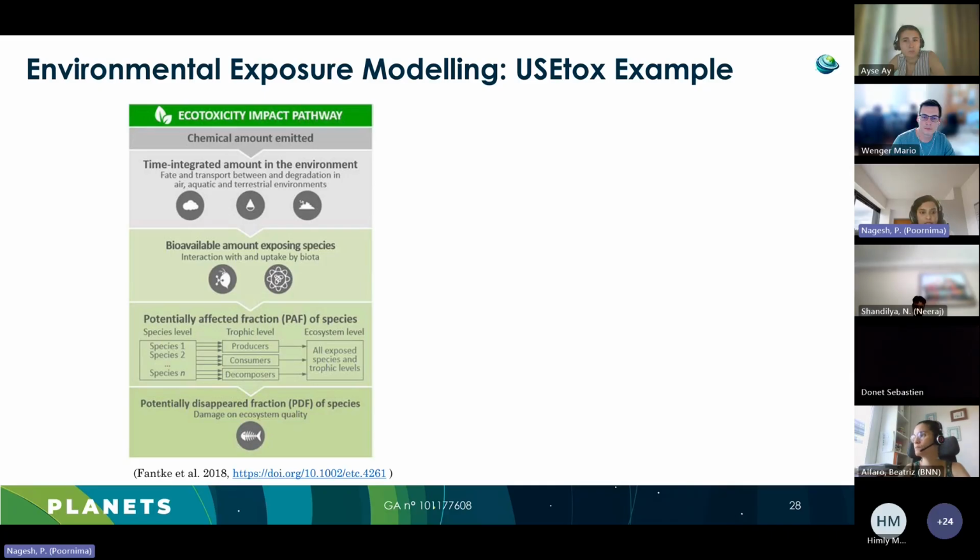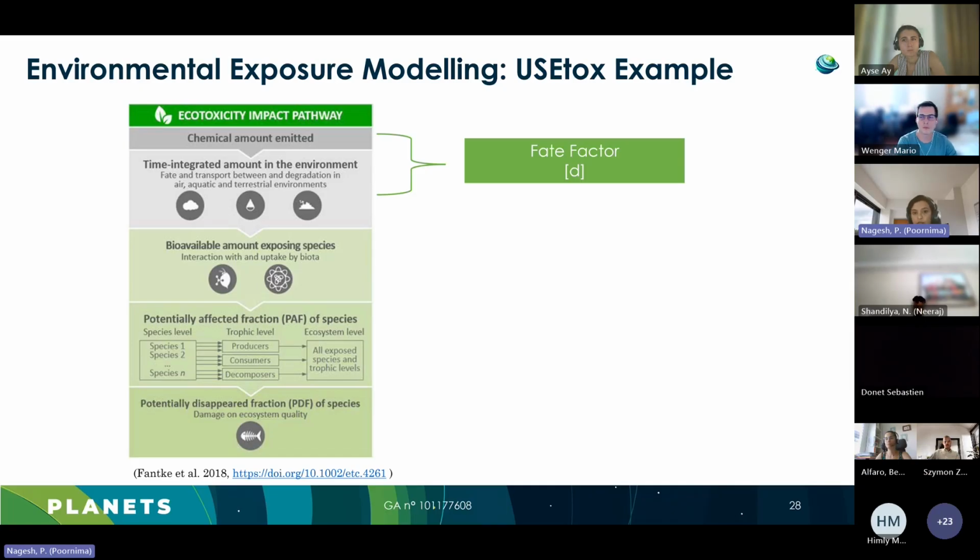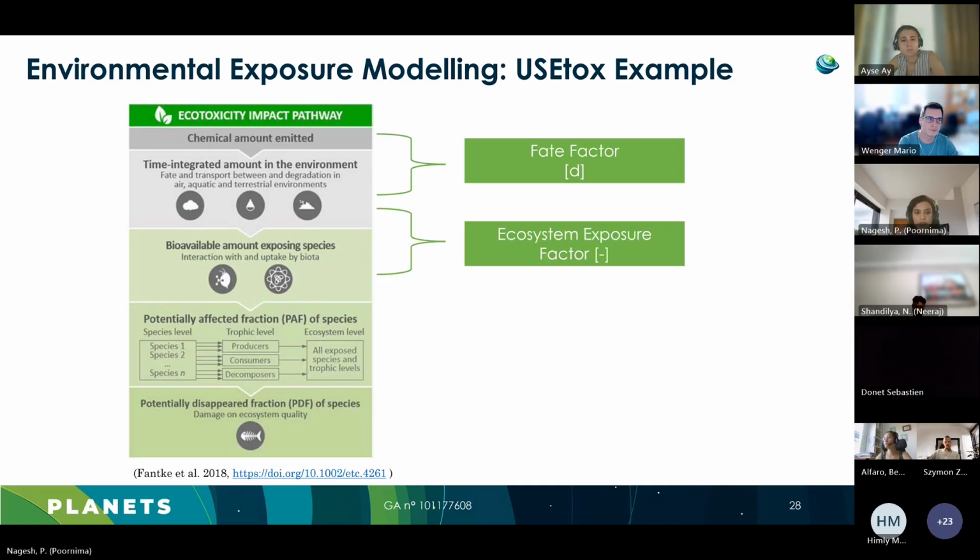As you already see, based on the amount of chemical that's emitted and the fate modeling framework that I showed, you can estimate environmental concentration in air, aquatic, and also terrestrial ecosystems. That's called the fate factor. And once there are environmental concentrations, they can also become bioavailable. For example, if there are concentrations of a certain chemical in fresh water, it is also readily available for aquatic species, and they can take it up.